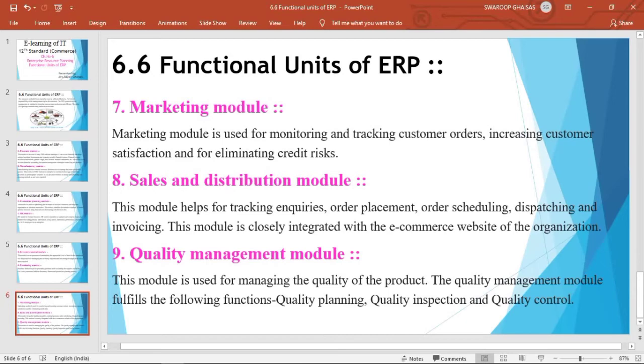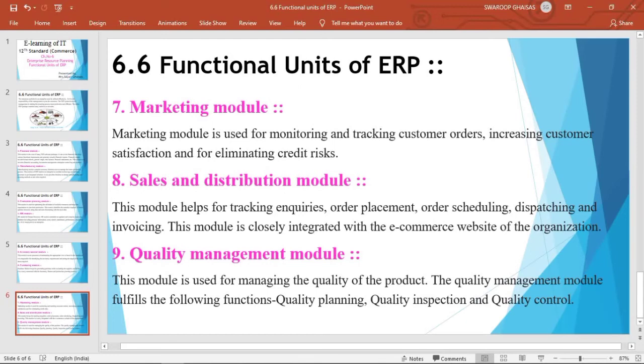Next one is a sales and distribution module. This module helps for tracking inquiries, order placement, order scheduling, dispatching, and invoicing. This is related to the shipment of the product. That is, helps for tracking the inquiries. What are the different inquiries about an order placement? That is, whatever orders are there for the products, whether those orders have been placed or not.